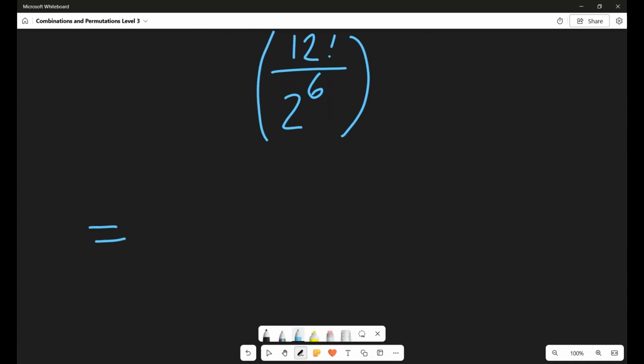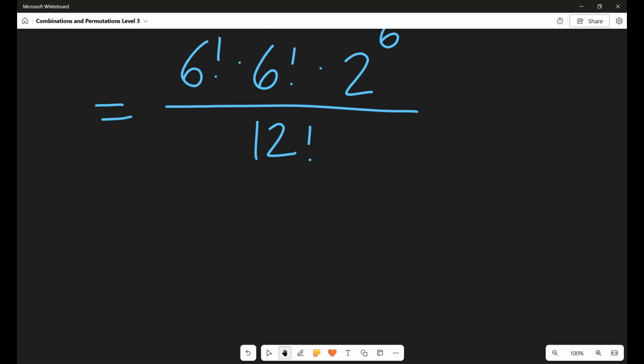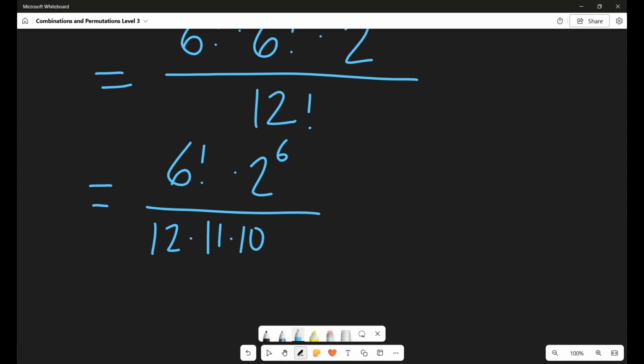Now when we do this, we get in the numerator 6 factorial times 6 factorial times, and then the 2 to the 6th in the denominator of the denominator will go to the numerator. So that's times 2 to the 6th all over 12 factorial. And we can further simplify. We get 6 factorial times 2 to the 6th over 12 times 11 times 10 times 9 times 8 times 7.